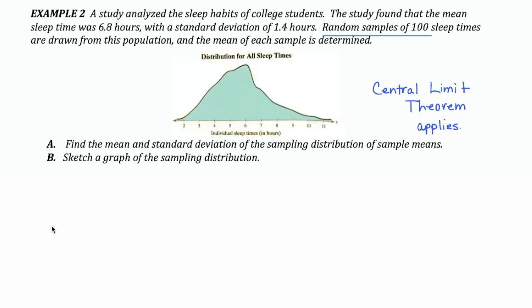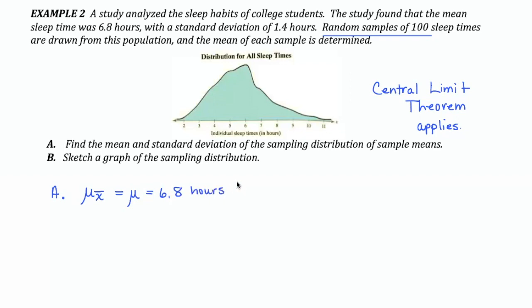Therefore, I'm now allowed to use these properties of sampling distributions in their connection to the population. The mean of the sample means is supposed to be the same as the population mean, which was 6.8 hours.